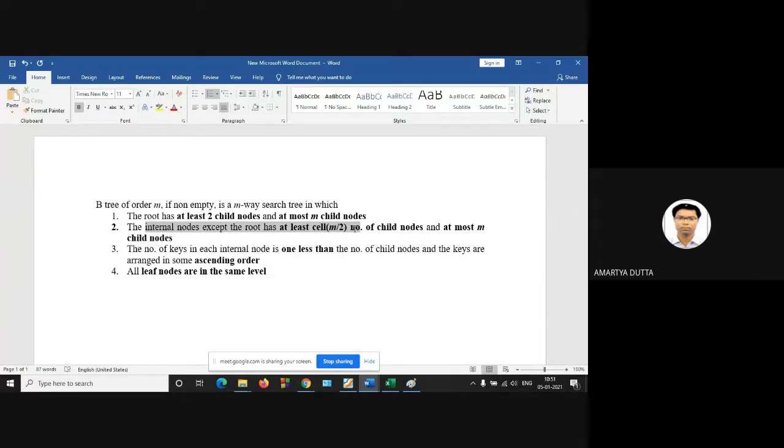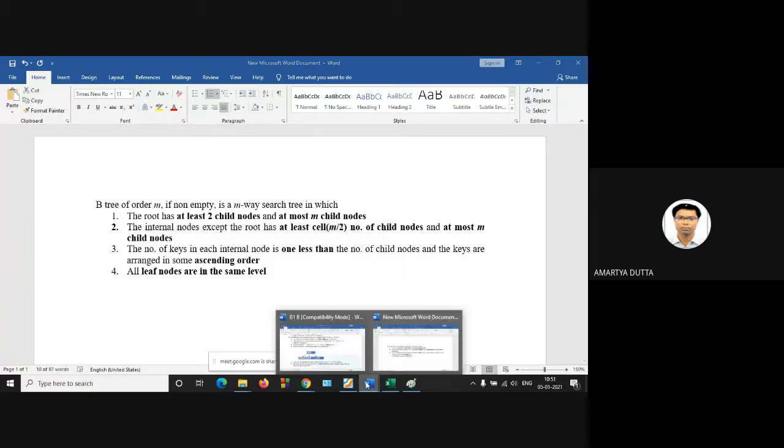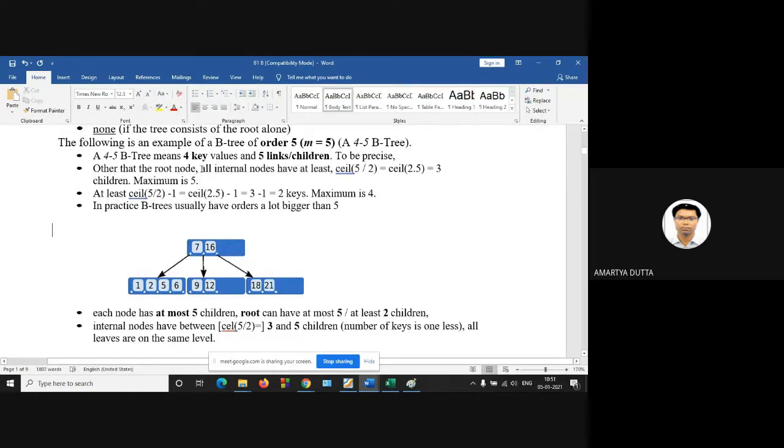So all internal nodes except the root have at least 3 children and at most 5 children in our example.